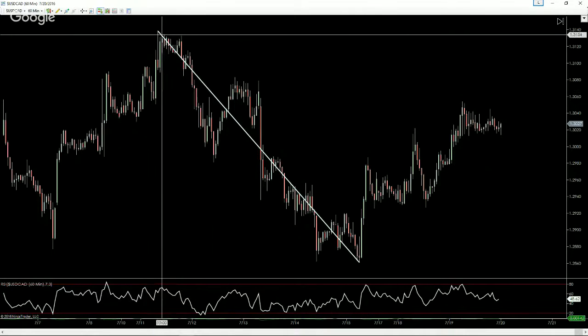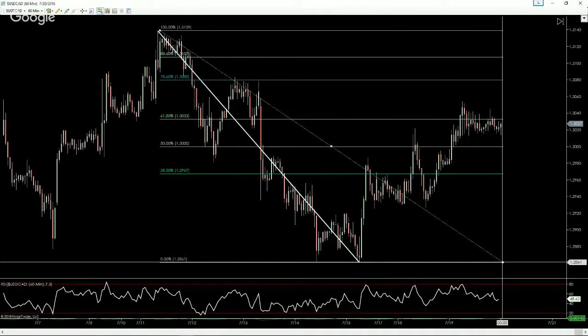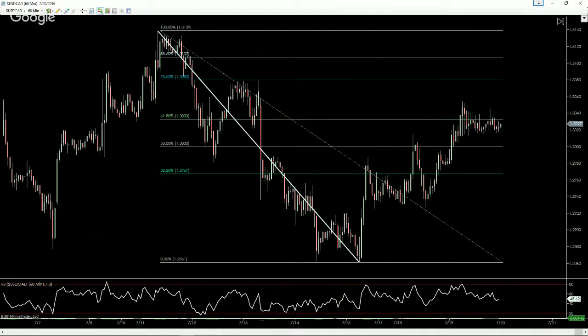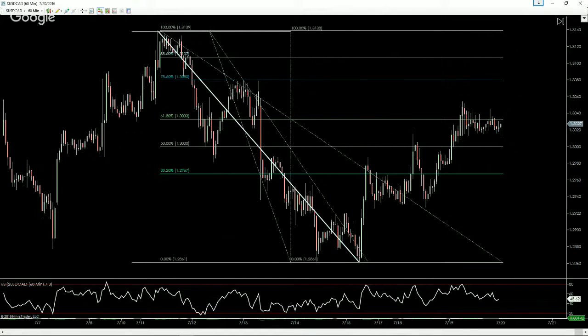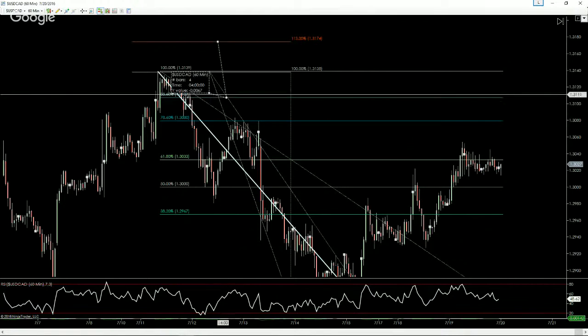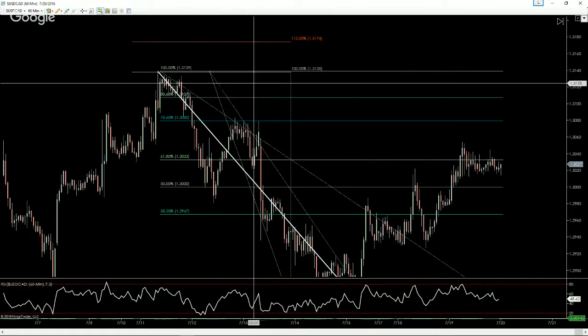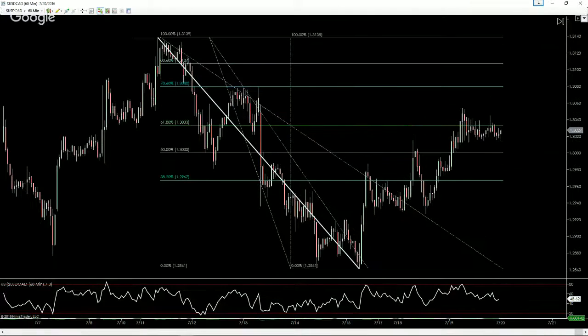So for me, this is going to be a bat pattern. Yes, the bat pattern. And we do complete at the 886. That will be about 67 pips of risk, which is a tolerable risk for me.